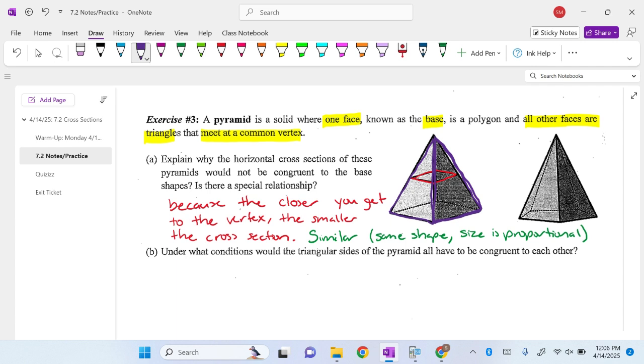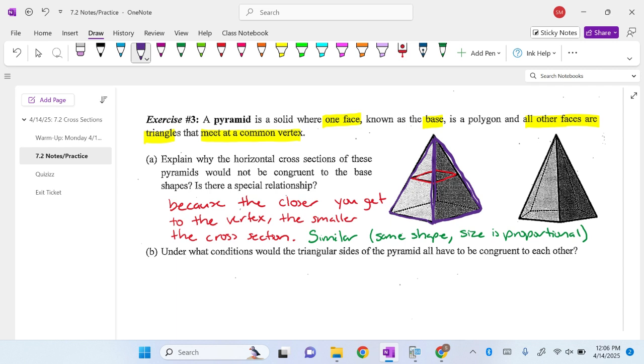We talked about this in Unit 5. What are some of the triangle congruence postulates? So what does SAS stand for? Side, angle, side. That's a congruence postulate. What's another one? Angle, side, angle. What's another one? Side, side, side.